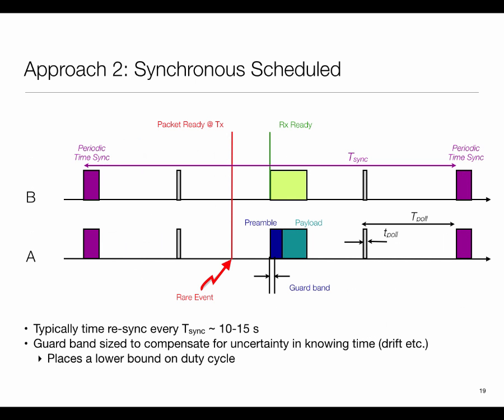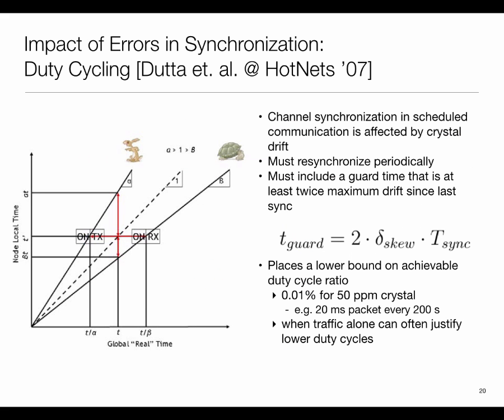But the point behind all of this is that good knowledge of time and frequency has an impact upon how efficiently I can do communication, and that was the main thing I wanted to get out. There's some work where people have shown that how good your clock is, that is how much drift it has, is a major determinant of how much you can sleep in these kinds of networks.